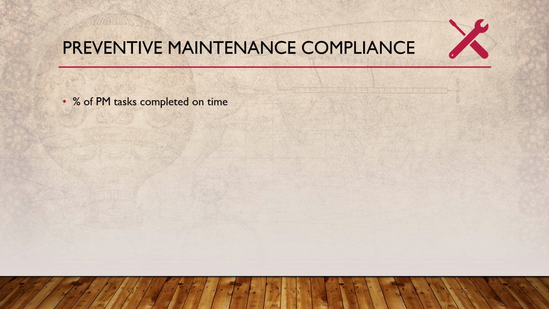It is basically the percentage of PM tasks completed on time, and it indicates the discipline in maintenance execution. If it is well disciplined and well executed, it means that your KPI is going to be very high. And you can set the target as per your requirement or your management style. It can be like 90 to 100%.